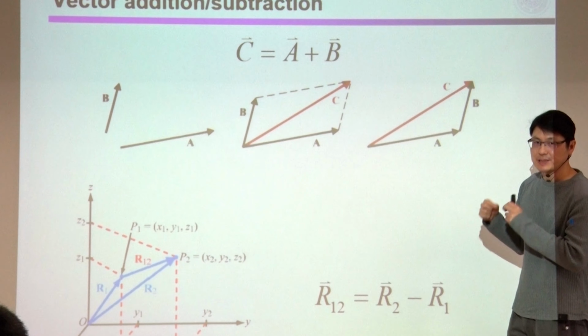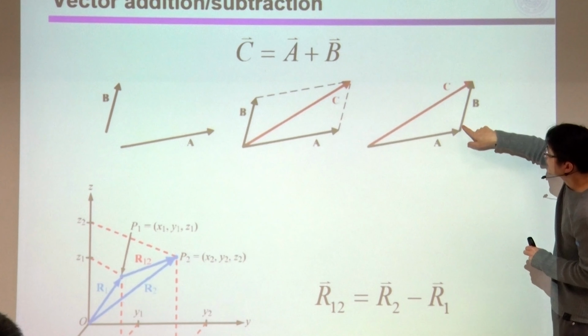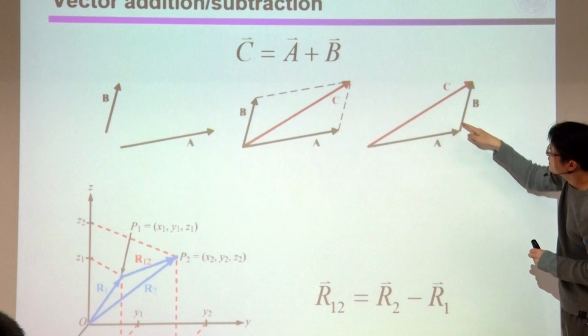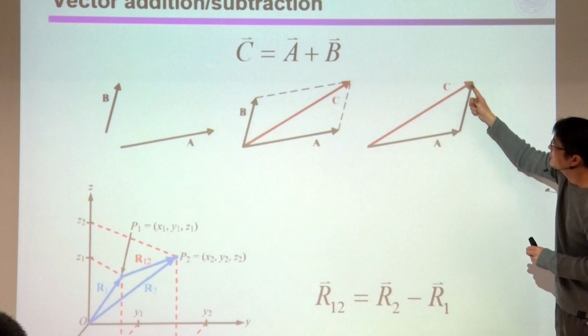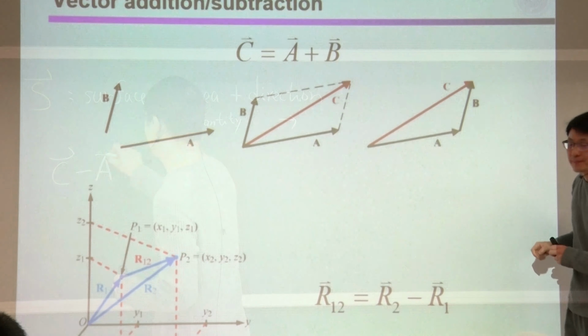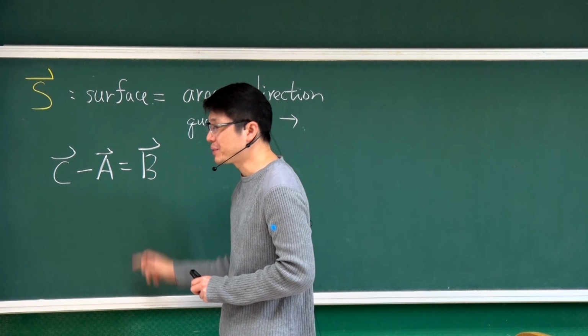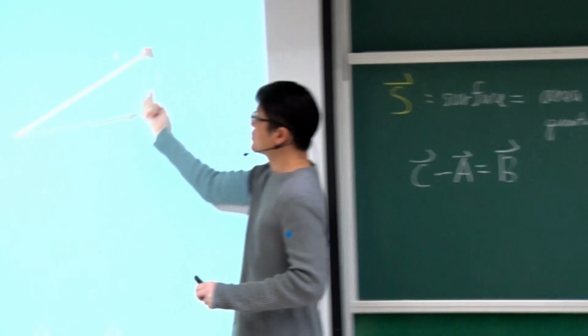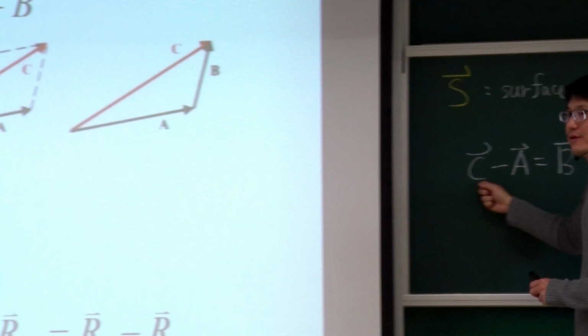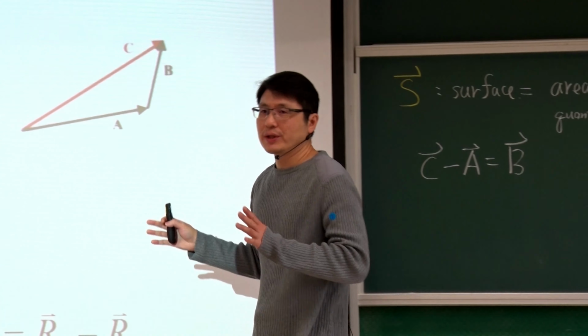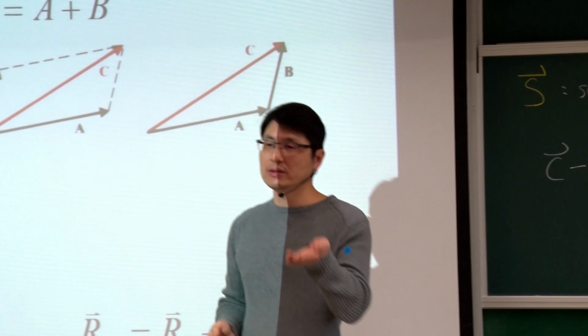Then you make the subtraction. And the direction is C minus A, so the resulting vector is pointing towards the first one, equals B. And the direction, remember, the direction points towards the first guy.